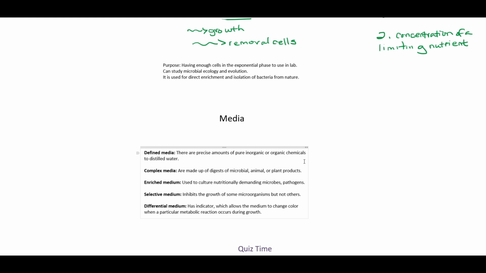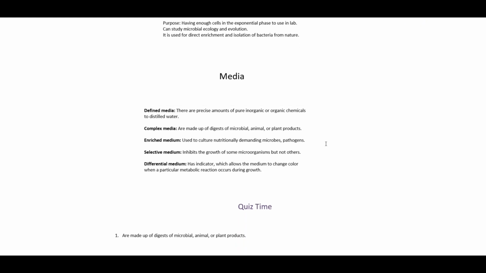Next topic is media. Here are some definitions. Defined media have precise amounts of pure inorganic or organic chemicals added to distilled water. Complex media are made up of digests of microbial, animal, or plant products.